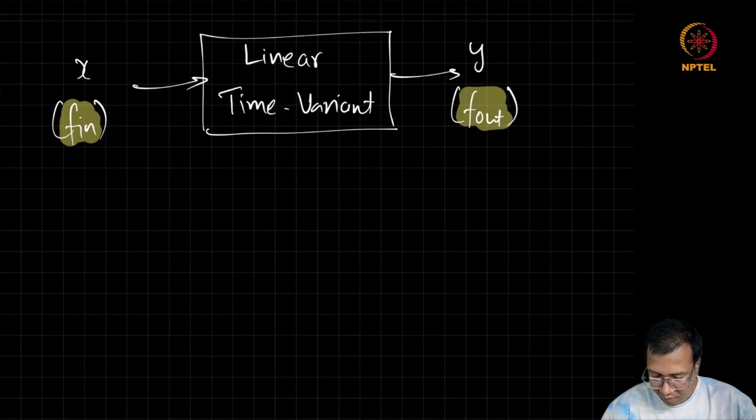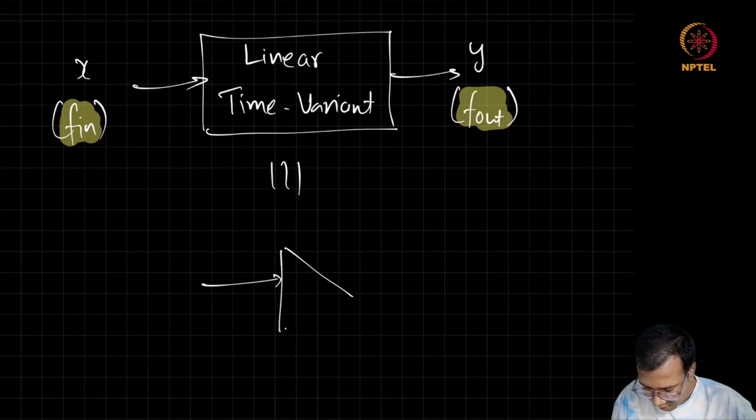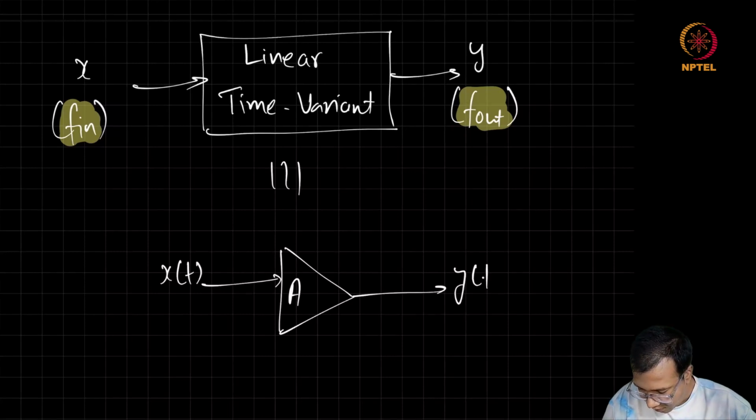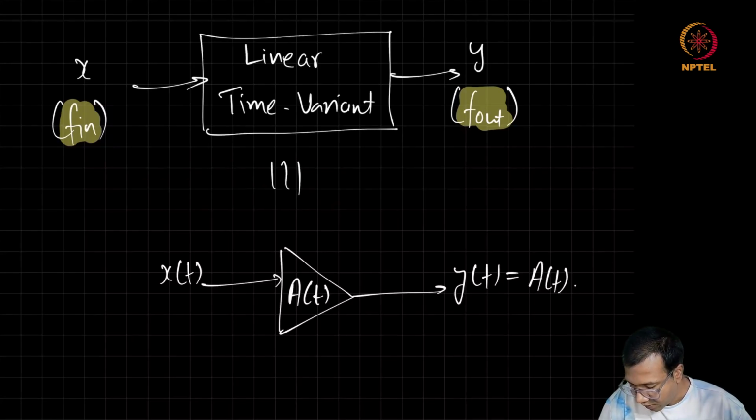So when we say we want a time variant network, the simplest network which we can think of is a simple gain block, where you apply a signal x of t in the time domain, and ideally y is just a times x of t. But if it is a time variant network, then this gain itself is a function of time. So the output is going to be a of t times x of t.